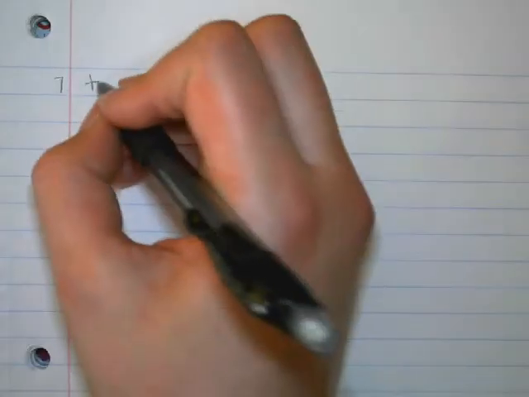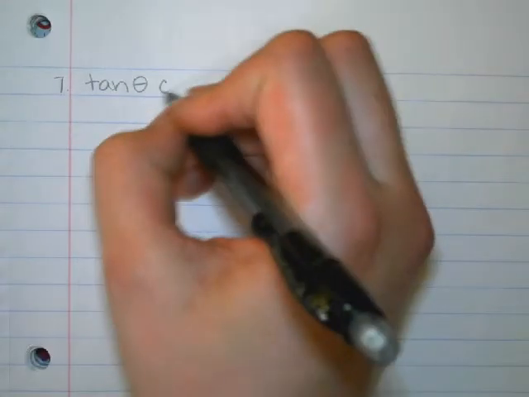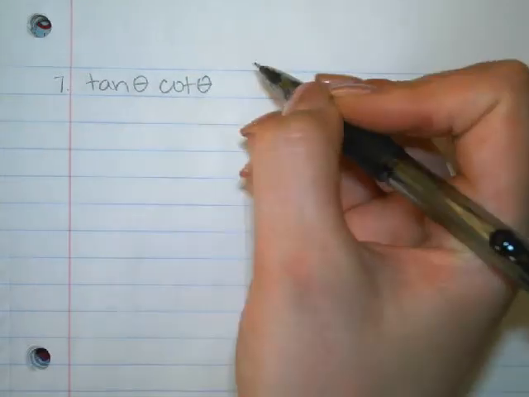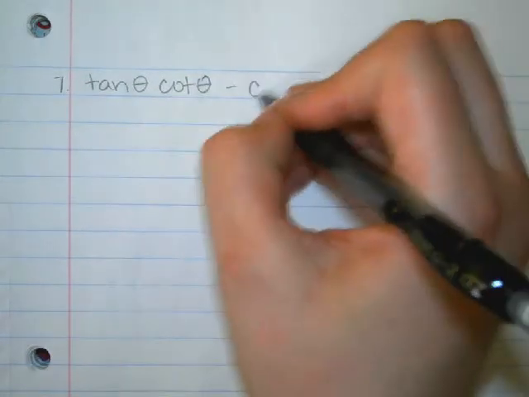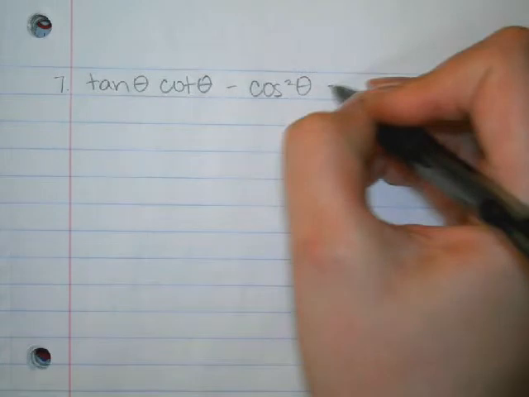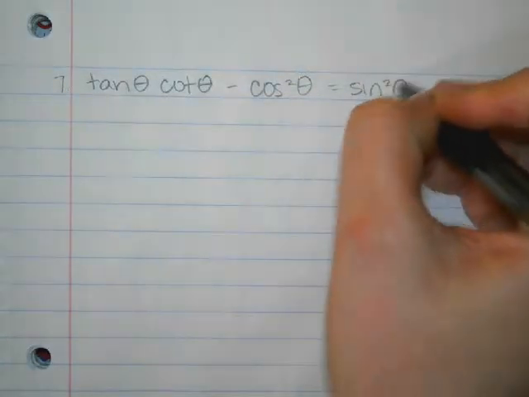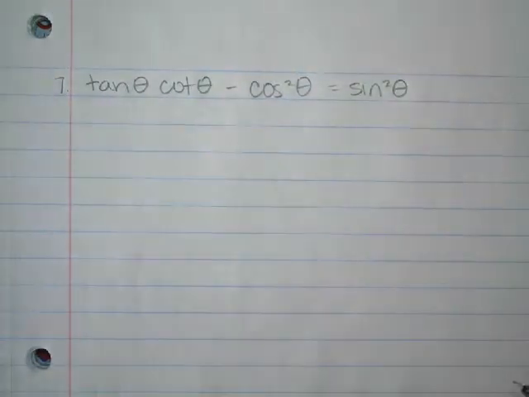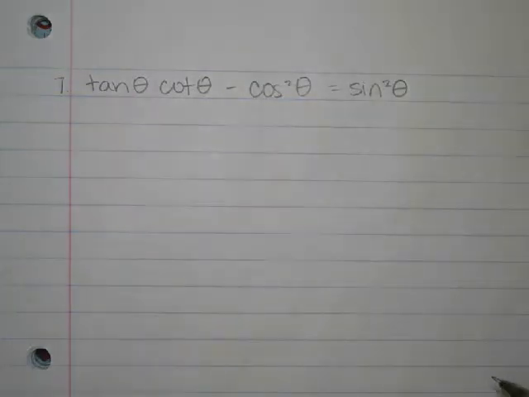So number 7 says tan theta cotangent theta minus cos squared equals sine squared. So we're definitely working with the left side.